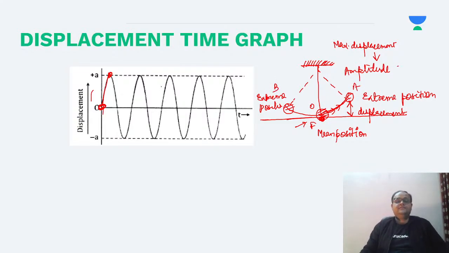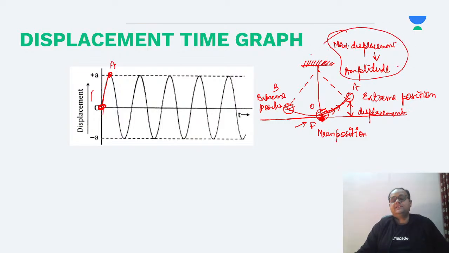So when the ball has reached point A, this is the case of maximum displacement. And what is maximum displacement? Maximum displacement is nothing but amplitude. So we get an amplitude here. Now the bob cannot move further. The ball cannot move beyond this point, so it will start coming back. When it comes back, it will retrace its position.